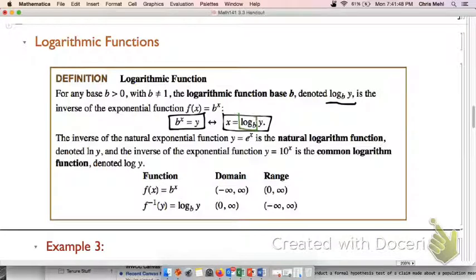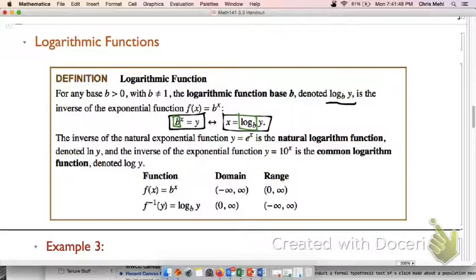So log base b is notation for the function. On the left you have the exponential function base b, input x, output y. On the right you have the function log base b with input y and output x. That's the relationship. The function logarithm base b is the inverse of the exponential base b.